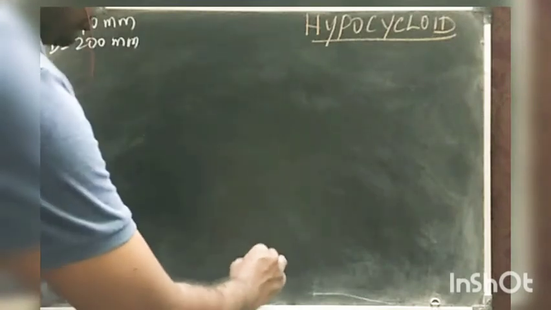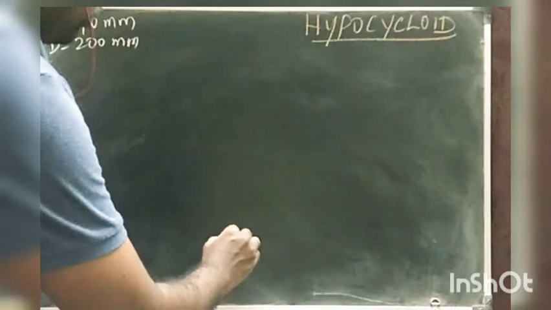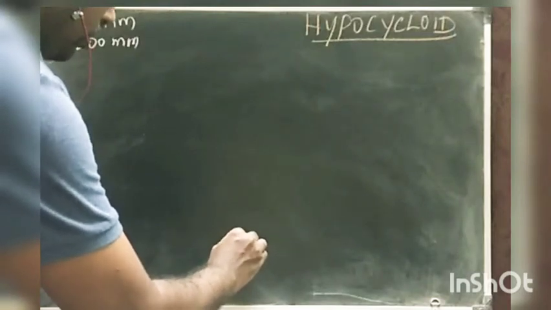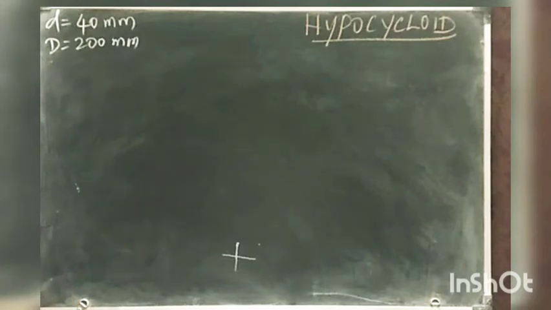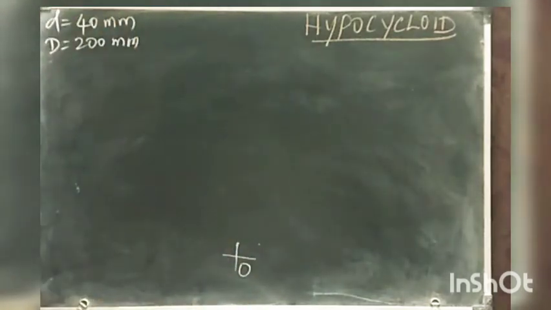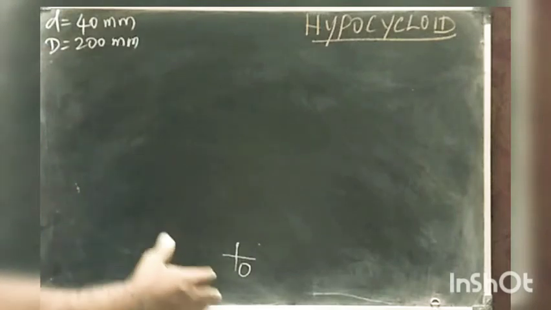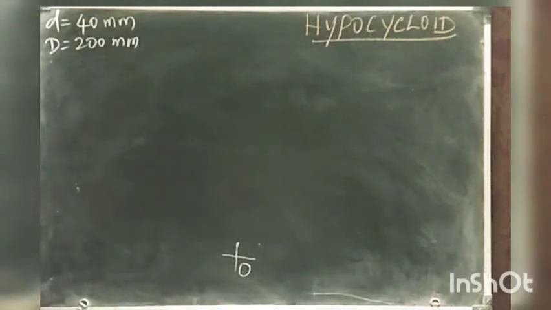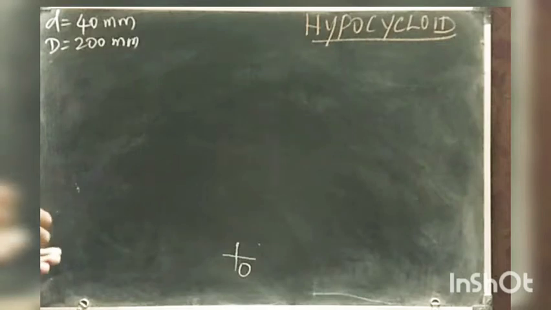The first step, as usual, is to capture the center point here and draw one small reference line. Let me name this point O. Then with this O I am going to draw two lines at an angle, but before drawing it I need to find the theta value.